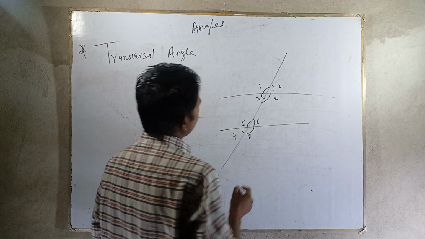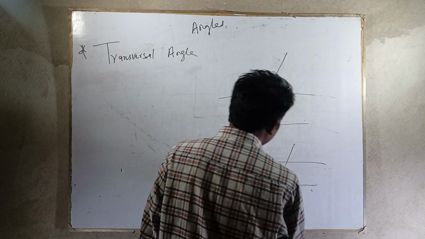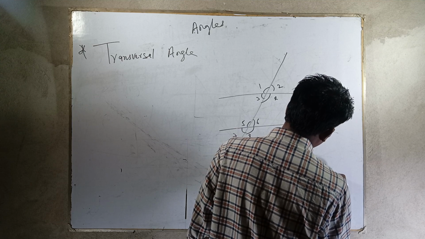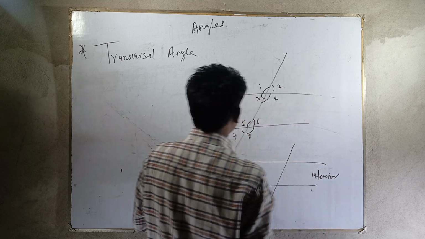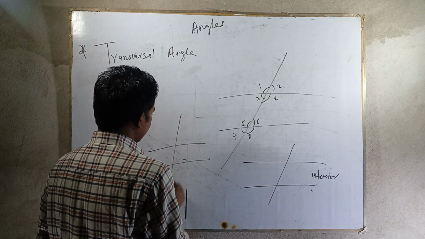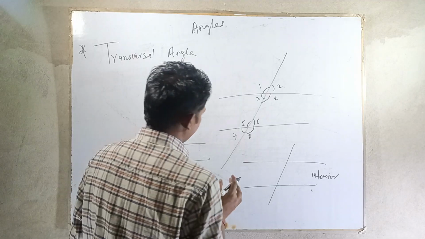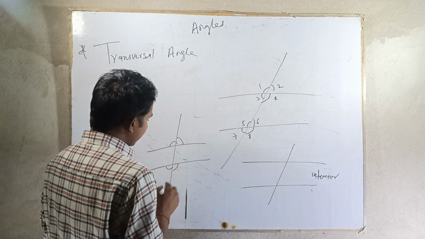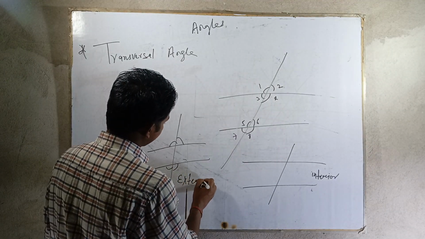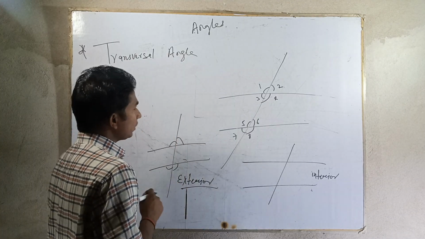First, the angles inside both lines are called interior, or internal, and the angles outside are called exterior. So we studied exterior and interior, internal and external.